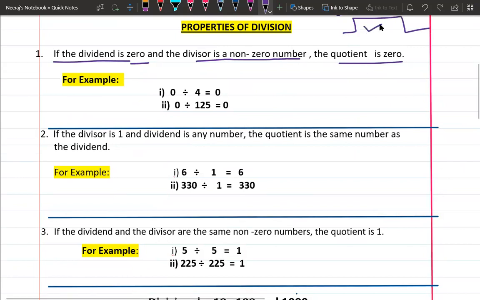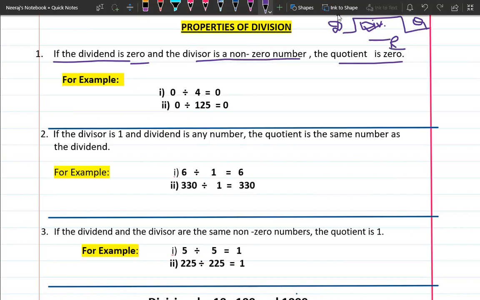The inner number is called the dividend, and this is called the divisor. Whatever answer comes out after dividing the dividend by the divisor is the quotient, which is on the right-hand side, and after it you get the leftover number, which is called the remainder.